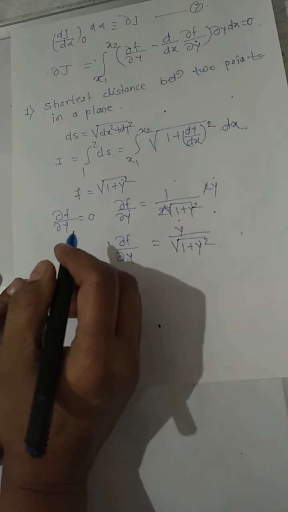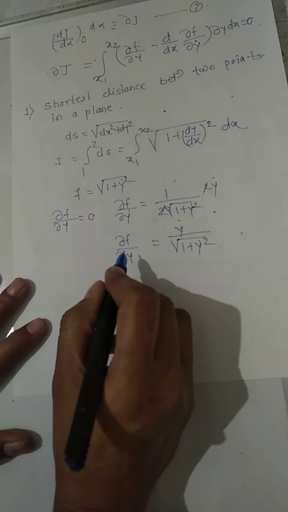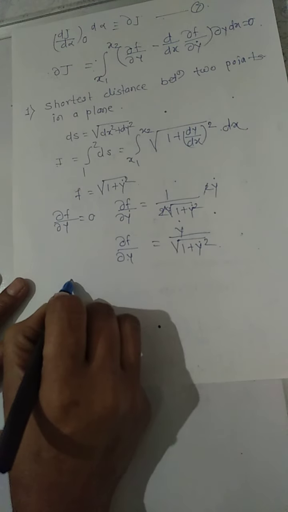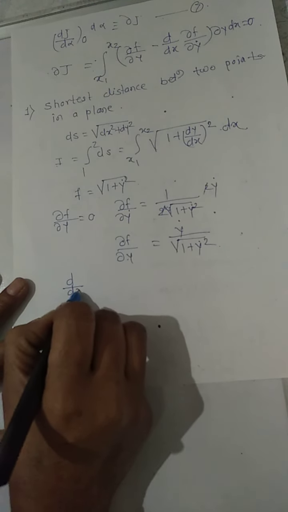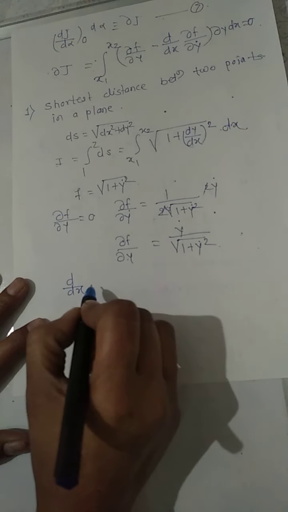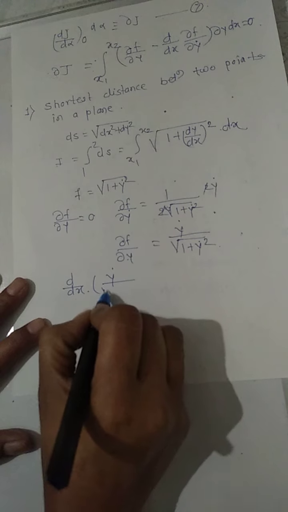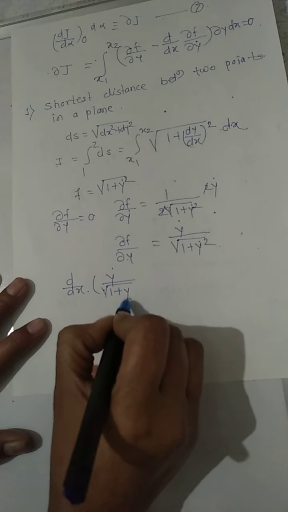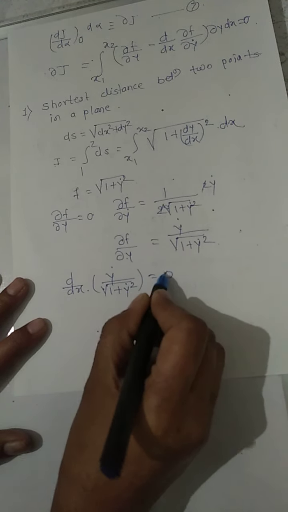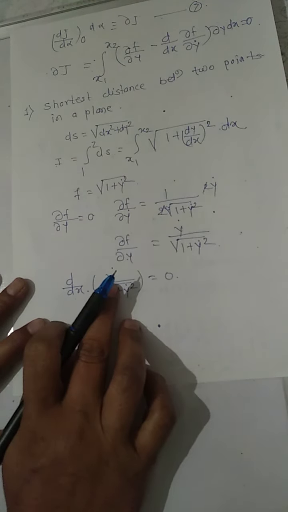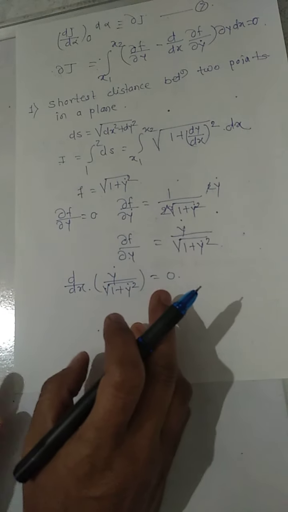And here, we then differentiate it with respect to x: the derivative with respect to x of ẏ upon the square root of 1 plus ẏ squared is equal to 0, because x is not present, therefore this quantity is constant and the partial derivative becomes 0.